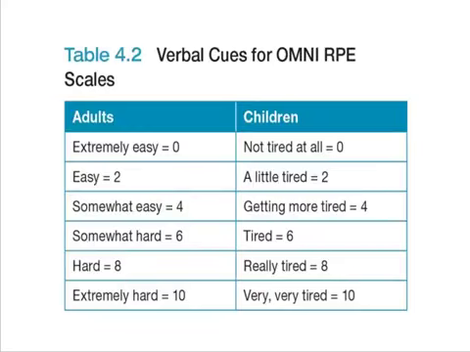There are, as I said, a couple 0 to 10 scales. The Omni RPE scale was developed to work on a 0 to 10 scale, and there are examples here of some of the language that goes along with those points along that scale for both adults and children. So different descriptors there. There are also scales that include graphics or cartoons for kids.